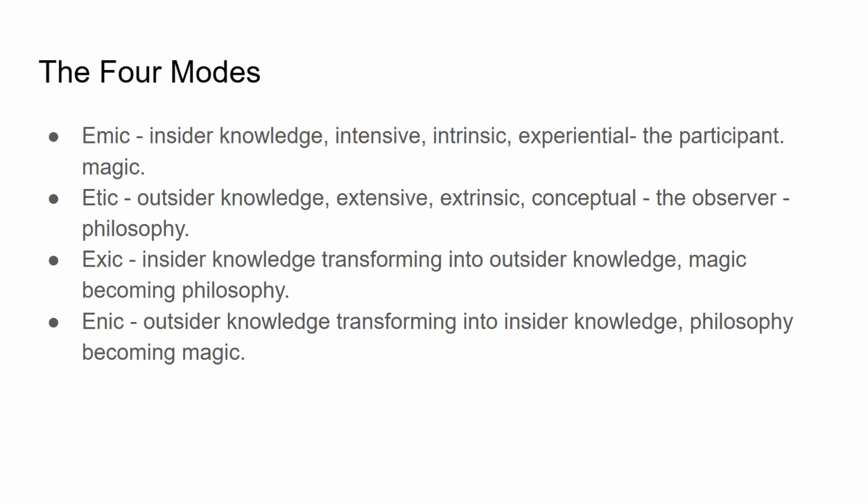And so there is a threshold across which this translates, and what I'm doing here ultimately is showing these thresholds. And in sociology, the insider knowledge is called emic knowledge.